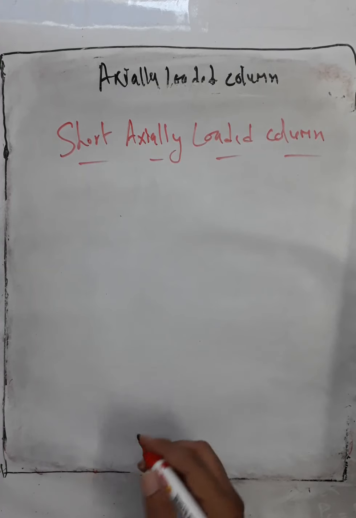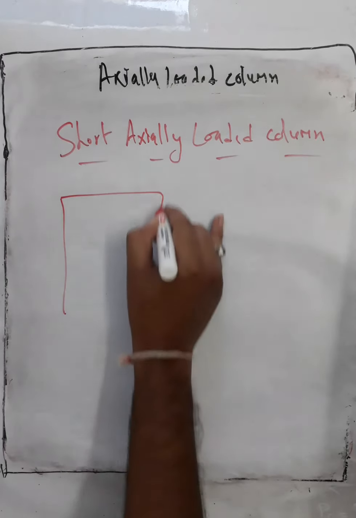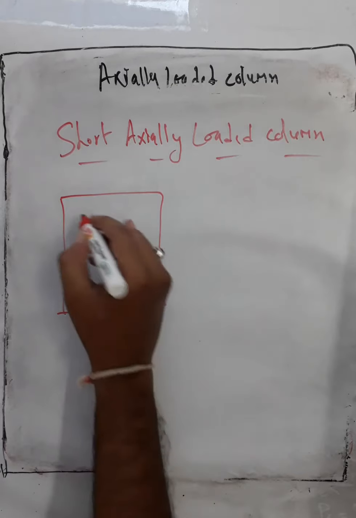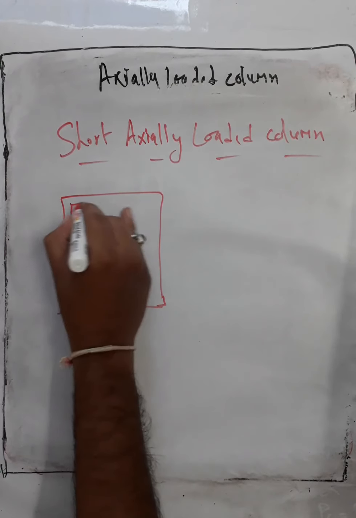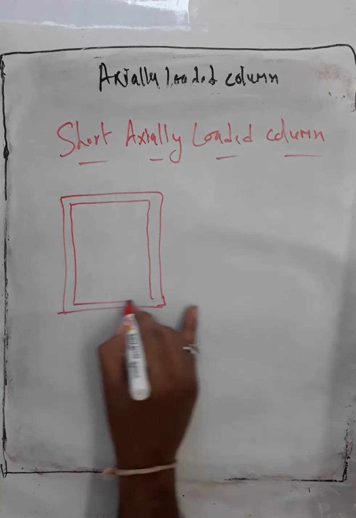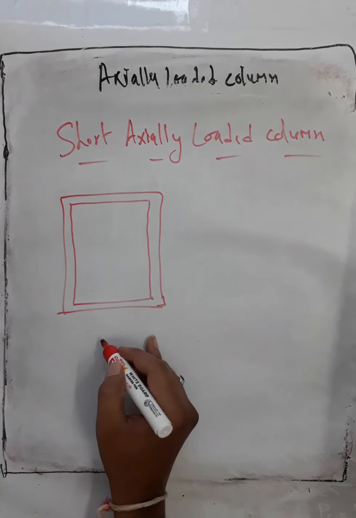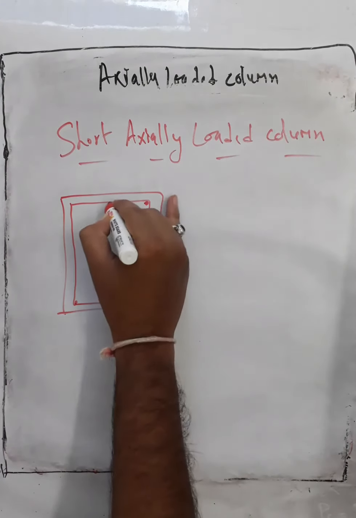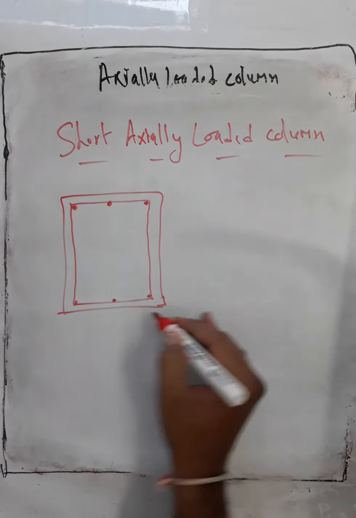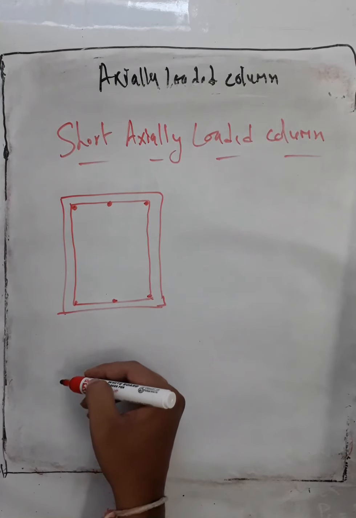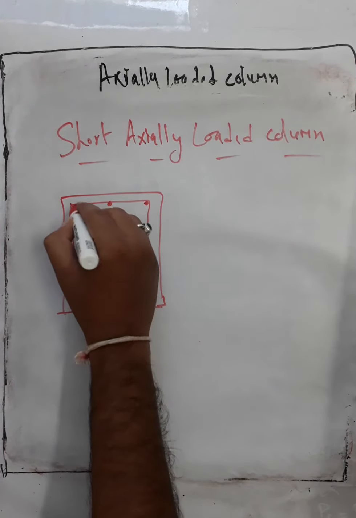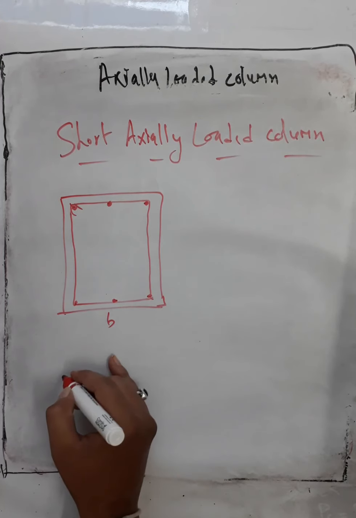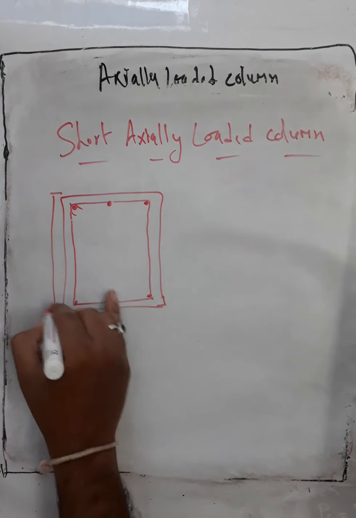So let's say this is our section of a column. In this way we design the column. In the rectangular section we know that we provide 6 bars or 4 bars. Here I have provided 6 bars. This we call B and this we call the overall depth.